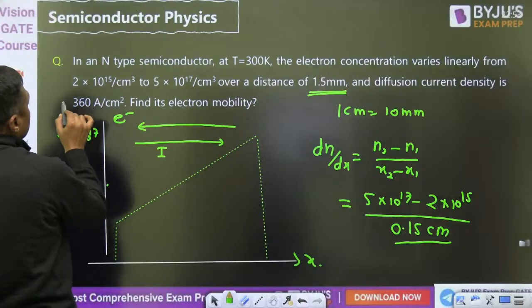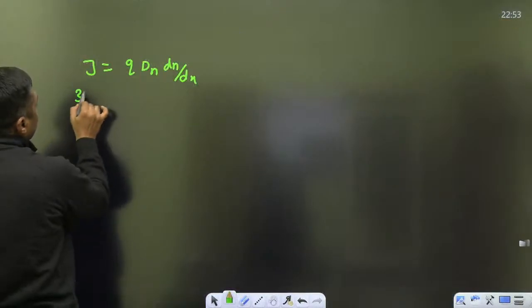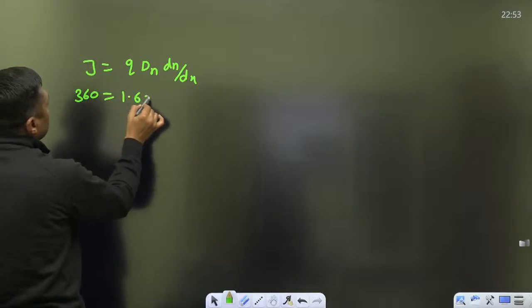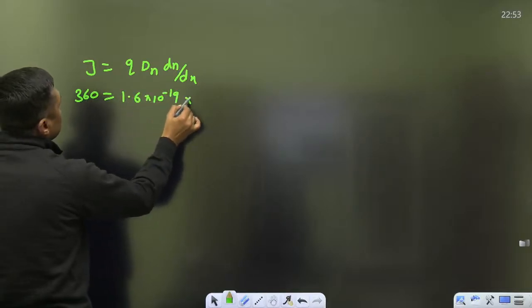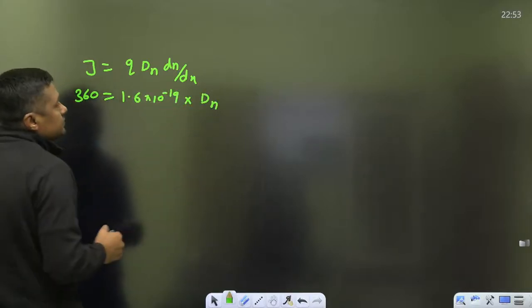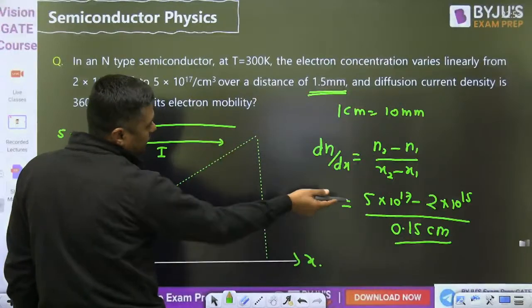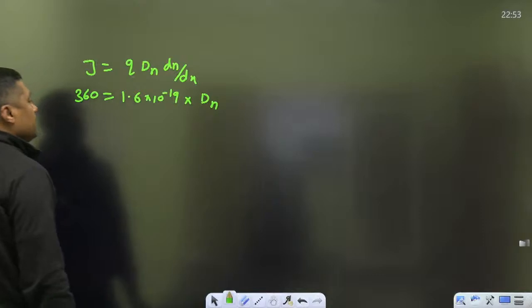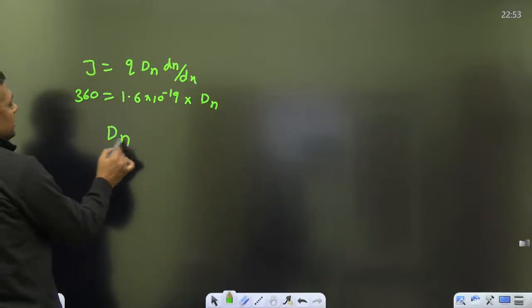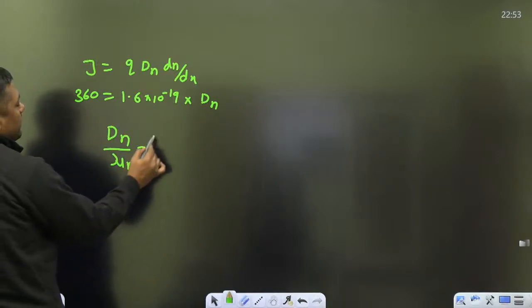I'm not going to solve this, I'm just going to give a hint. You have the value of J, and dn by dx we have already calculated. You can use these values and find Dn. And from the Einstein equation, Dn by mu n is equal to what? Vt.